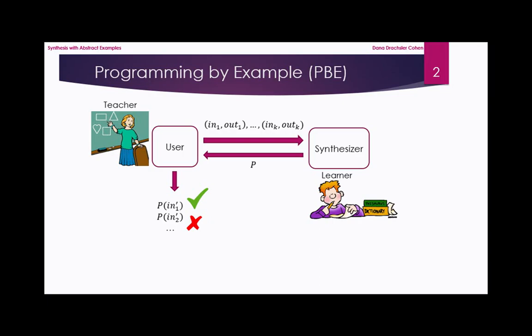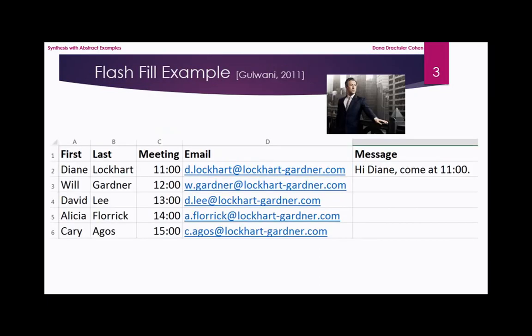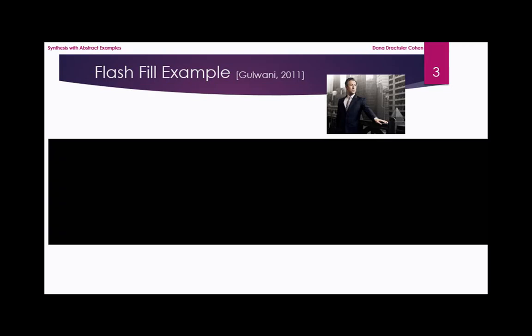Now let me demonstrate this behavior on a real-world PBE synthesizer. FlashFill is a PBE synthesizer integrated in Excel. Let's see what happens when Eli Gold wants to use Excel to send personal messages to lawyers in his firm. What Eli Gold wants to do is to send messages of the form: hi, the person's first name, come at a given meeting time. So let's see what happens.